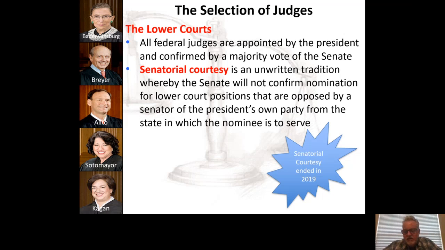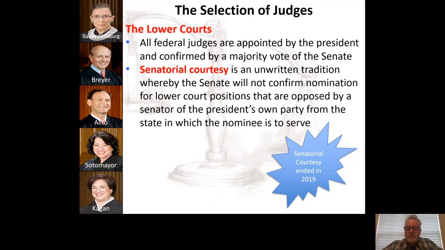This practice ended in 2019. Maybe it'll resume again, but it's worthy to note. It could be a question on the AP exam. Senatorial courtesy was in California: Senator Feinstein and Kamala Harris put in blue slips to stop district court judges from being appointed in their state.